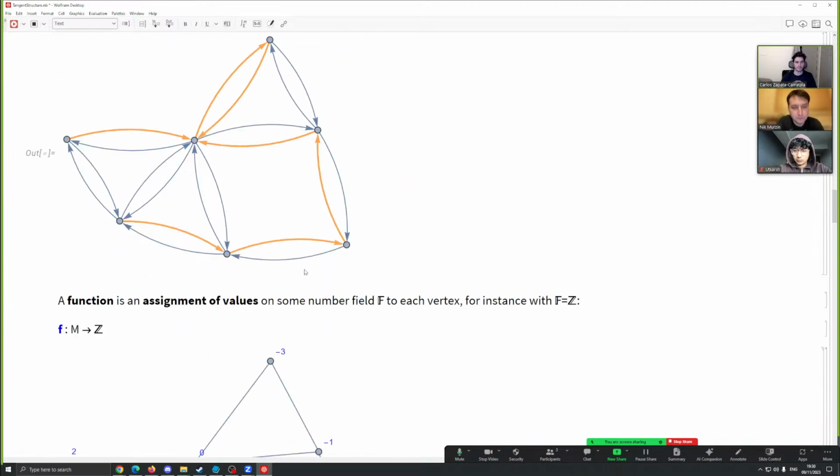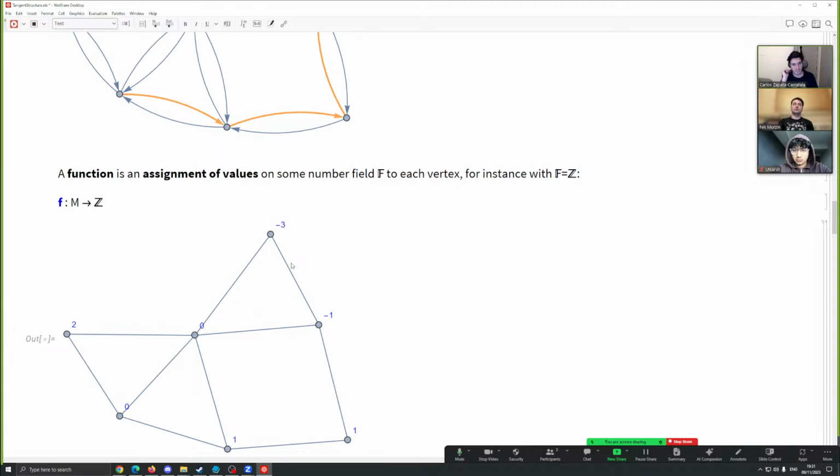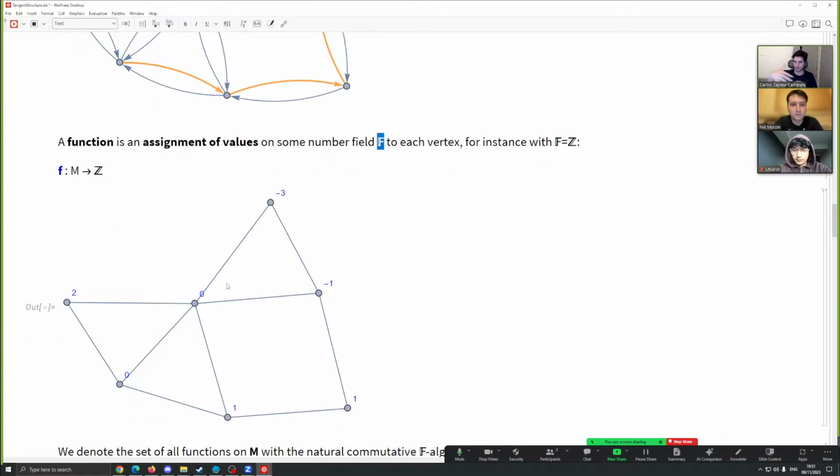And then if you want to start developing something that looks like the vector calculus or the tensor calculus of a manifold, you need to start thinking not only about the paths on the space, but also the functions on the space. The notion of a function on the space is quite simple. You pick your favorite field of numbers, and just evaluate some function on the set of points.